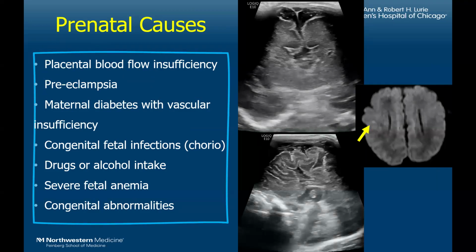And even though congenital abnormalities are an uncommon cause of HIE, they are also another prenatal cause of HIE. And with severe congenital abnormalities, there can be a high risk of fetal loss.